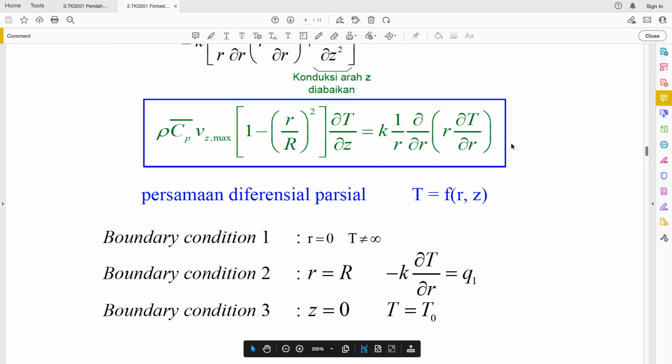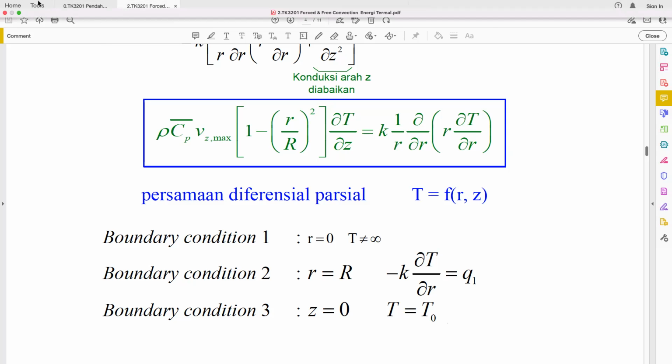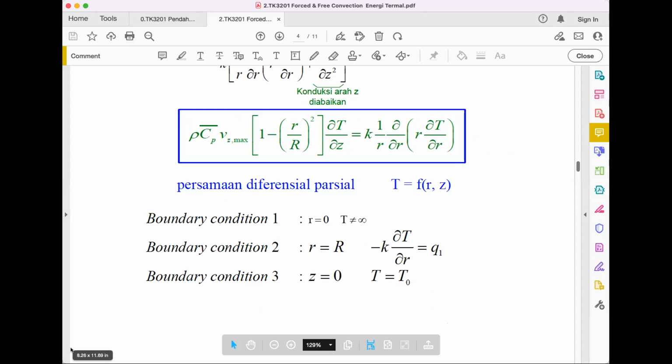And then when you finish, because this is a function of dou z and also dou r, we can't solve it analytically, but we can solve it numerically. Let me check for a handout. I think I have a handout from Pak Anggit from a few years ago, where he considered some equation.